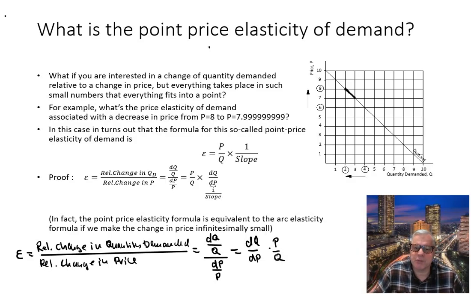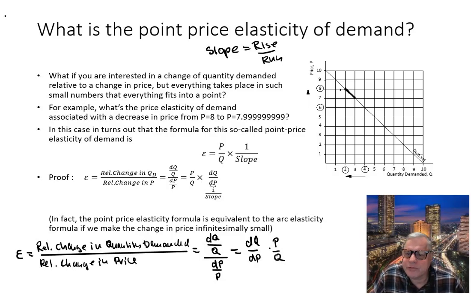Well, the slope is generally the rise over the run. So the rise would be this distance here, the change in price, dP. And this distance here is the change in the quantity, dQ. That gives us the slope.